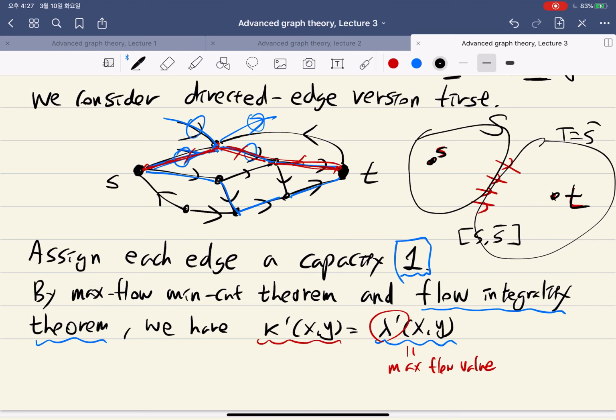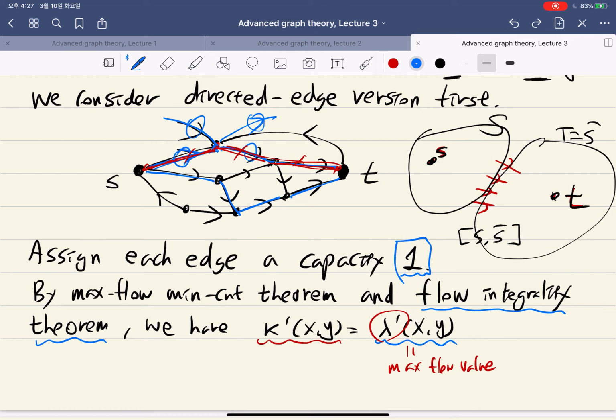Because all the edges from S to T must have been deleted. If one of them is not deleted, then this vertex also is reachable from S, which is a contradiction to the definition of this set S.